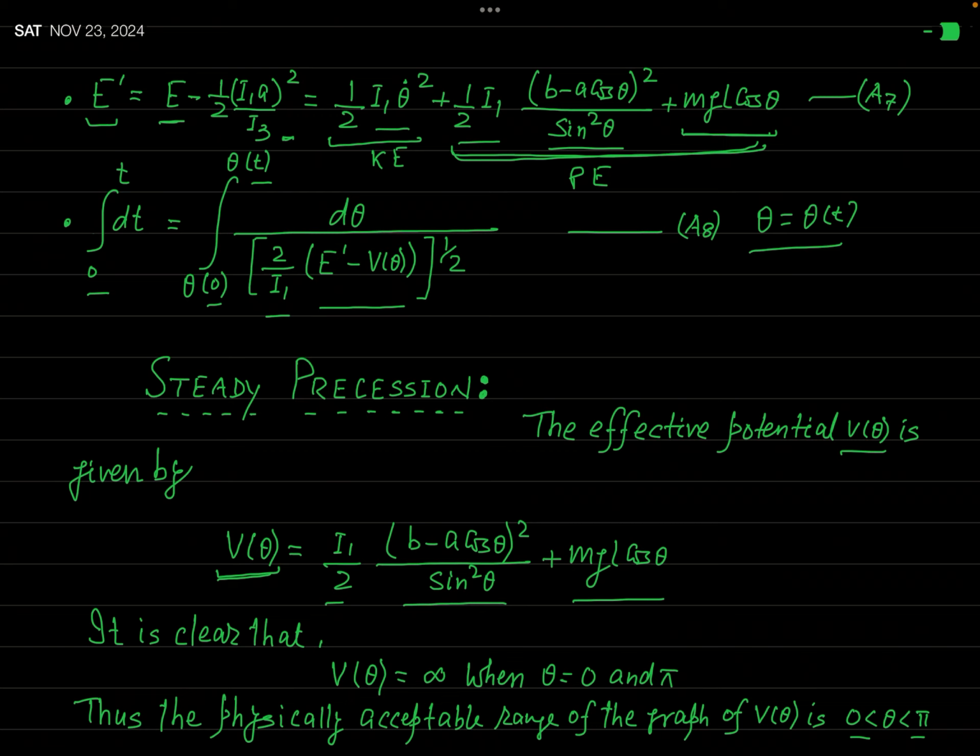It means we will plot the effective potential V against theta, because this V is a function of theta. Now see, if theta is equal to 0, sin theta will be equal to 0.